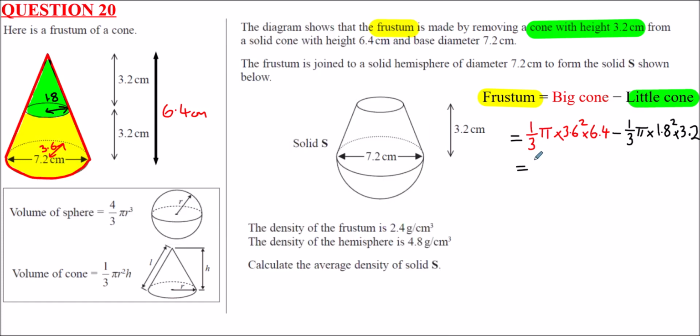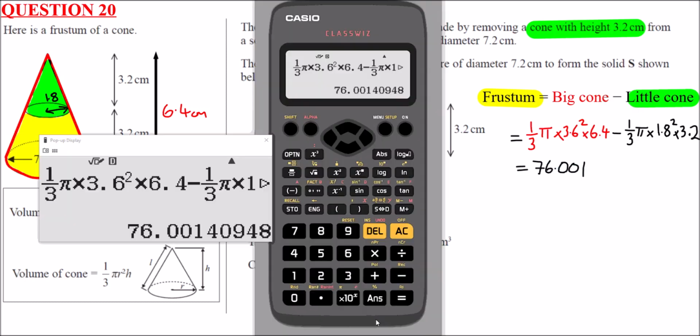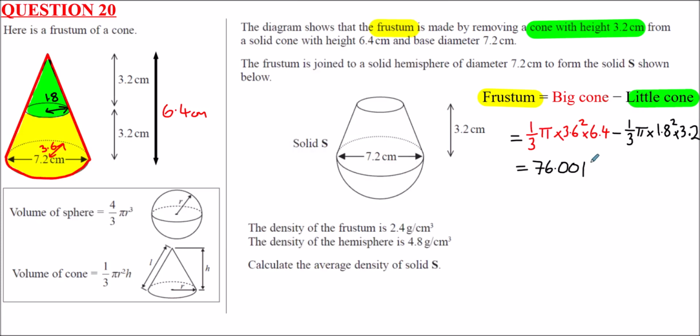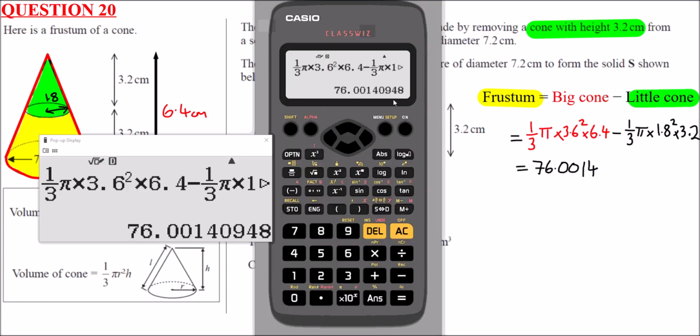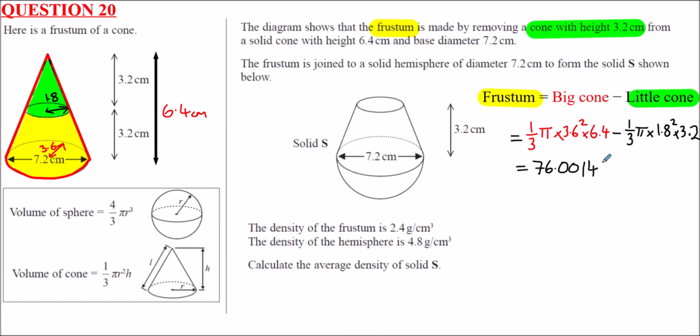So I'm going to write in all the numbers because it can't hurt. This isn't our final answer, so I don't want to round too soon. 76.0014. In fact, I'll leave it like that. I'm in two minds. No, I'll write it fully. Why not? 0948.